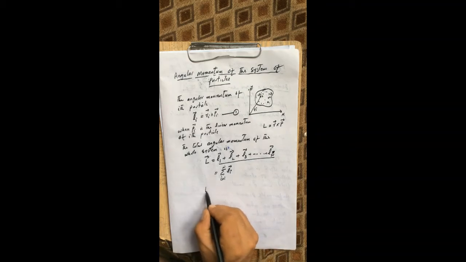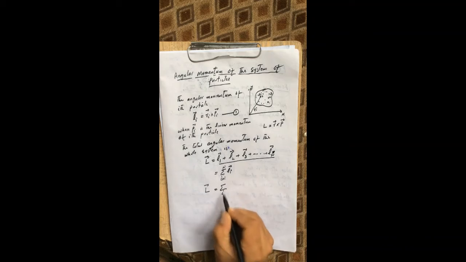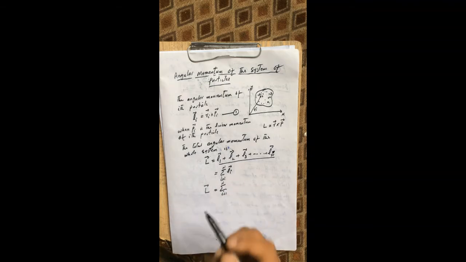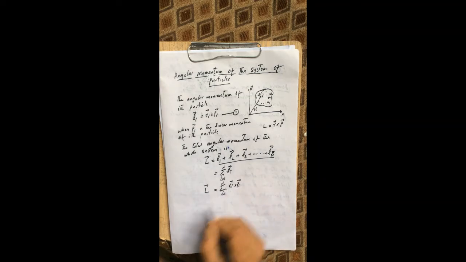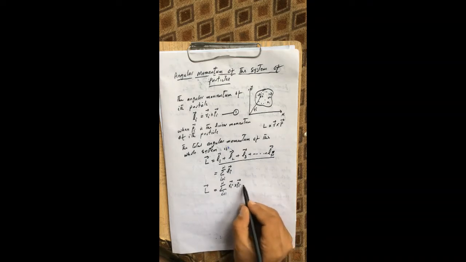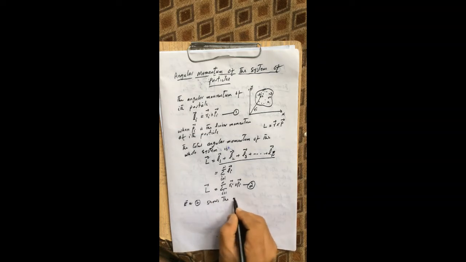Or we can write the total angular momentum of the whole system as the sum over i from 1 up to n of Li, and the value of Li is given by equation number 1. So instead of Li, I will put ri cross pi. This is equation number 2. Equation 2 shows the angular momentum of the whole system.